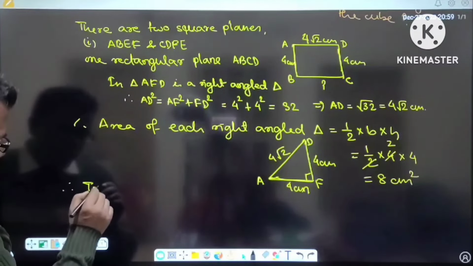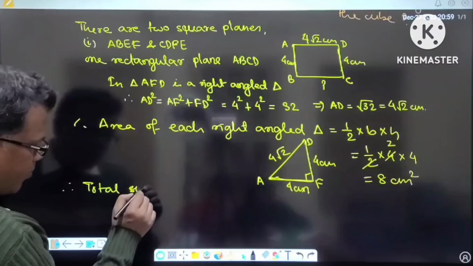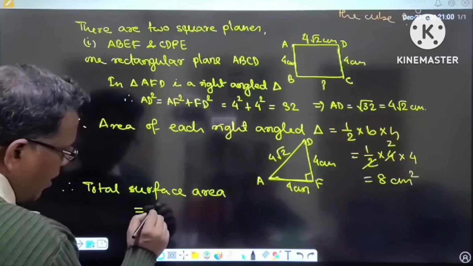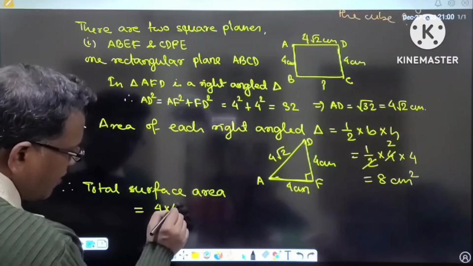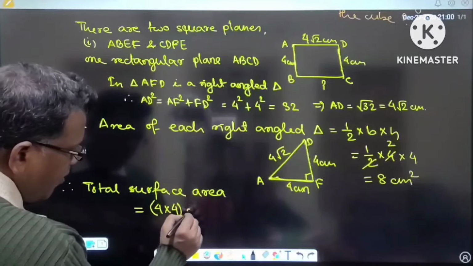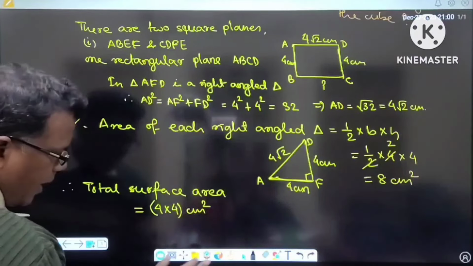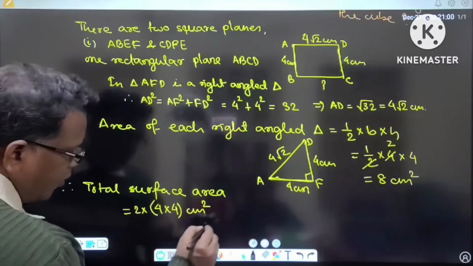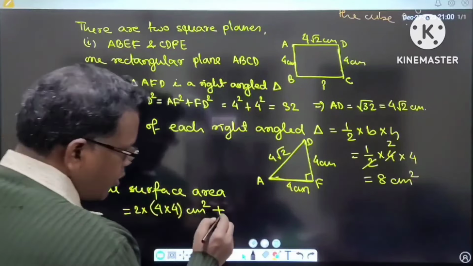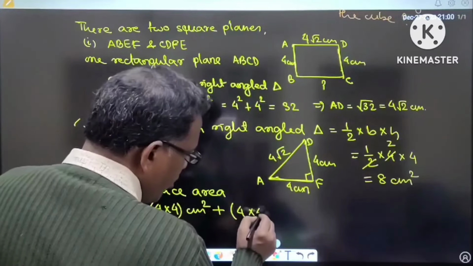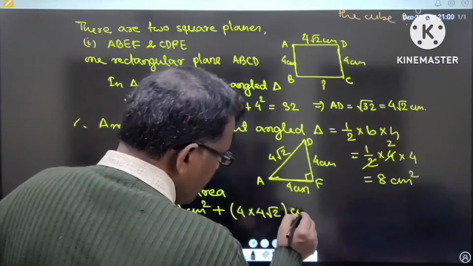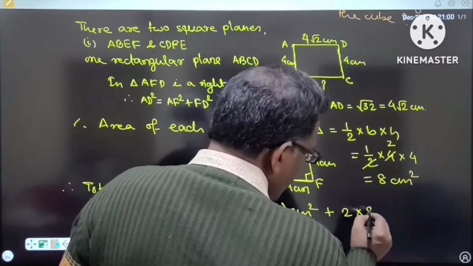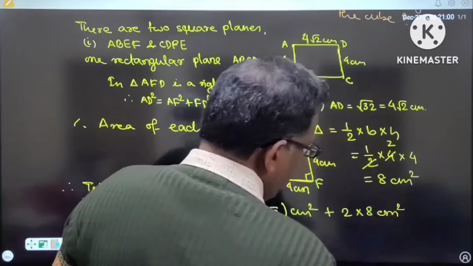So total surface area, as per my question, is coming 4 into 4, which is the surface area of a square plane, and there are two such square planes. 2 into 4 into 4, plus the rectangular portion, which is 4 into 4 root 2 centimeter square, and there are two triangular areas each of 8 centimeter square.